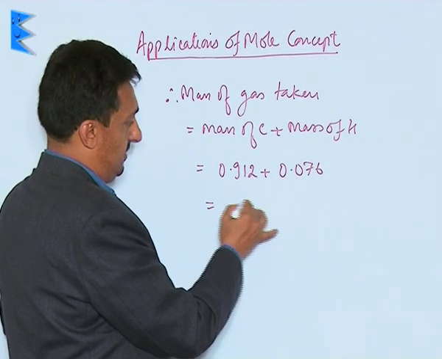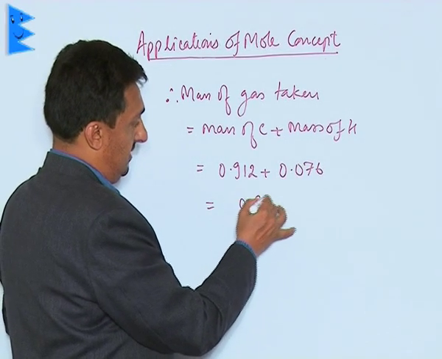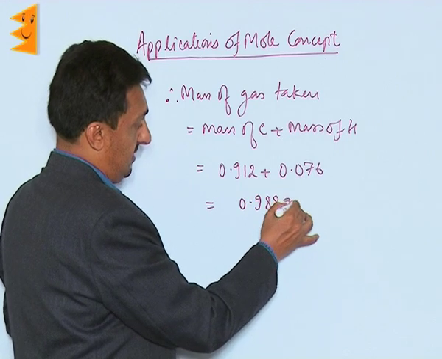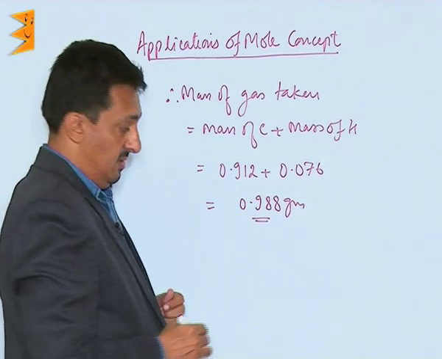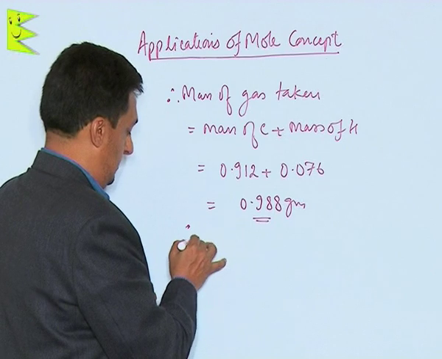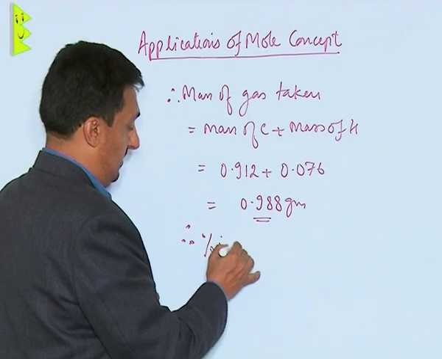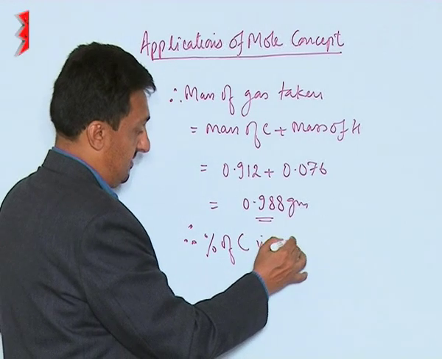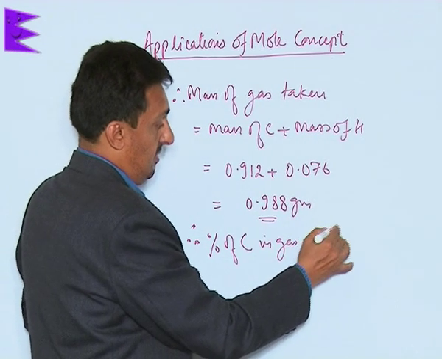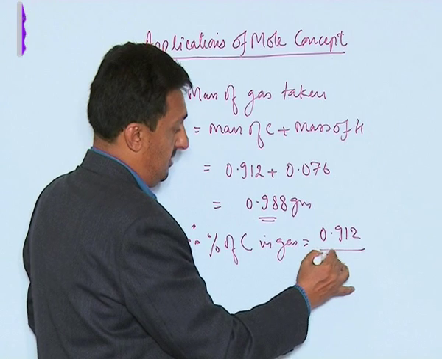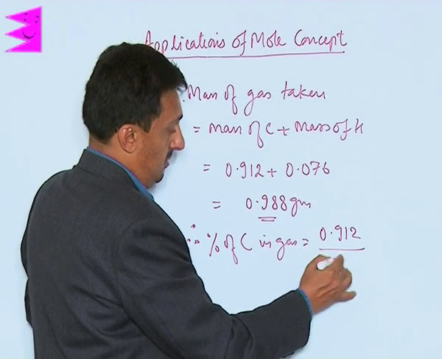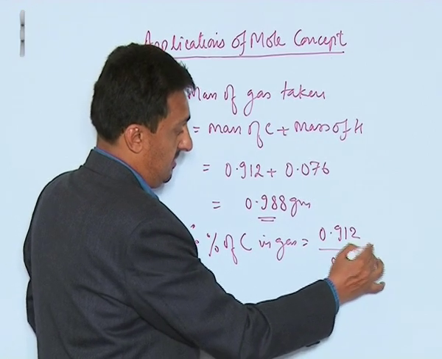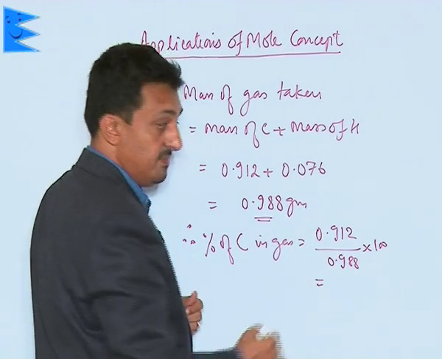So this comes out to be 0.988 grams. Now therefore, percentage of carbon in gas is 0.912 upon 0.988 into 100.